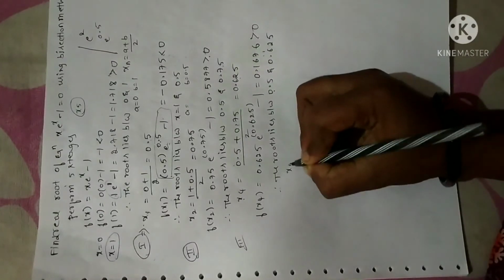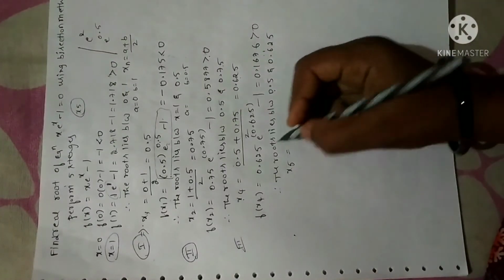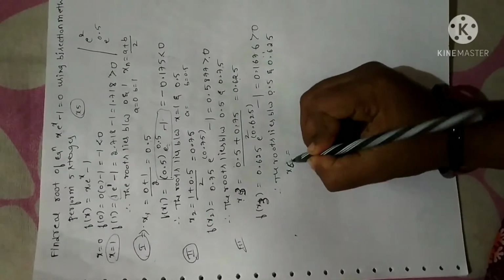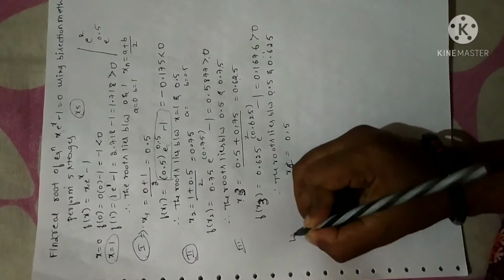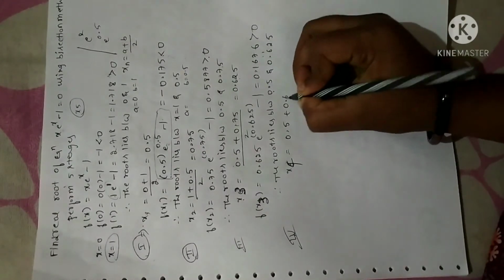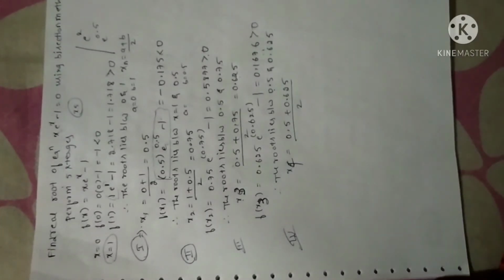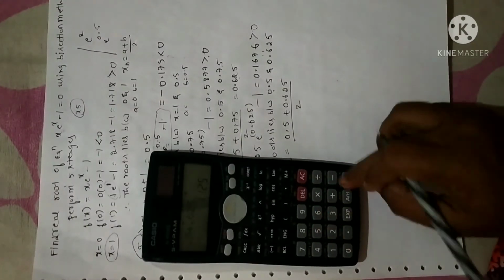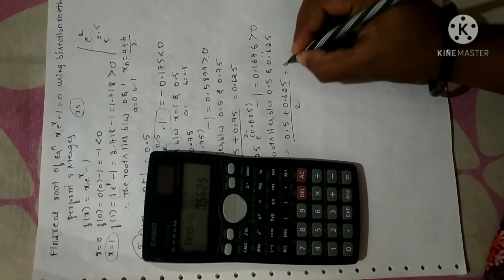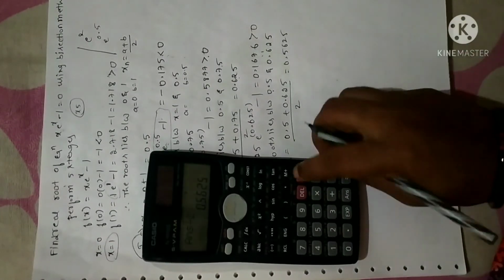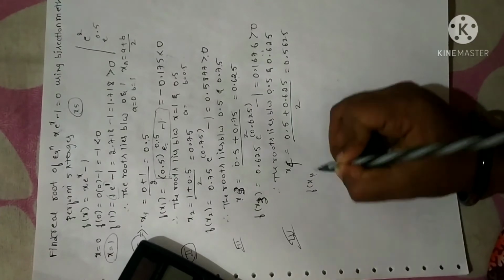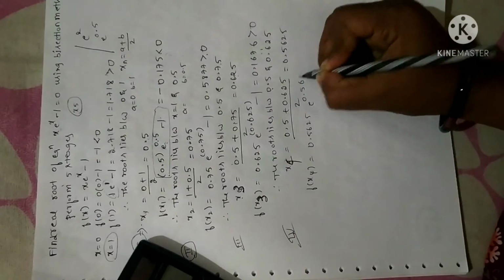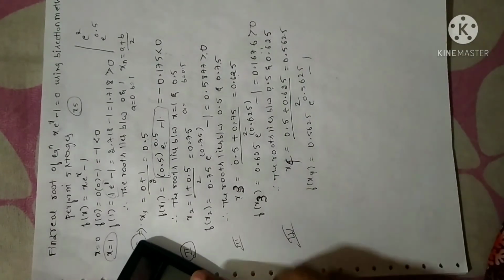Now let me calculate the fifth approximation. I'm sorry, here it is the fourth, right? So I have to calculate x4, given by the fourth approximation. It is 0.5 plus 0.625 divided by 2, that will give us 0.5625. Now we have to calculate f of x4. 0.5625 e power of 0.5625, shift ln button, minus 1. More digits you take, more approximate value you will get, that's all.